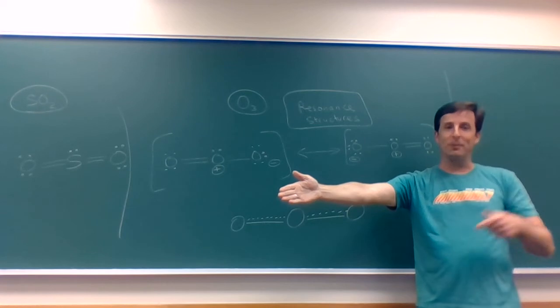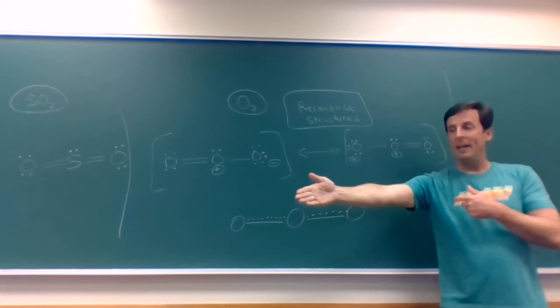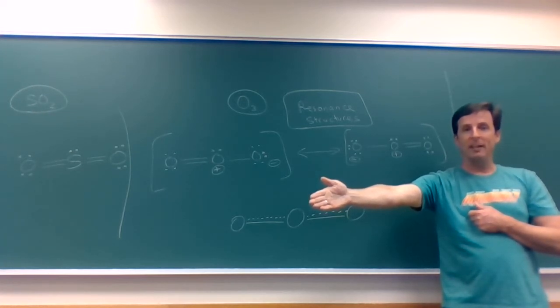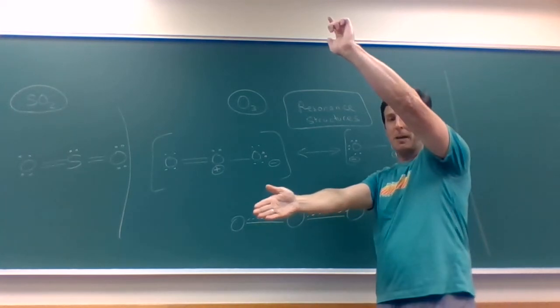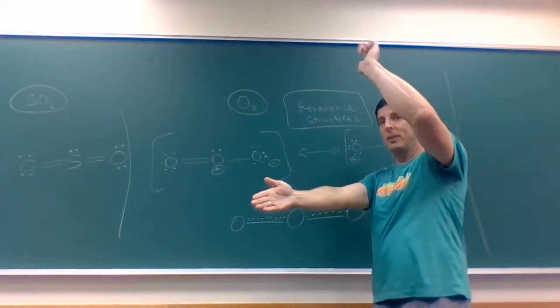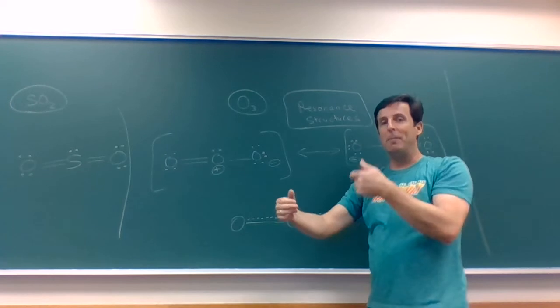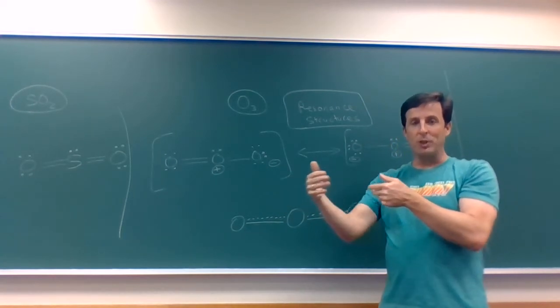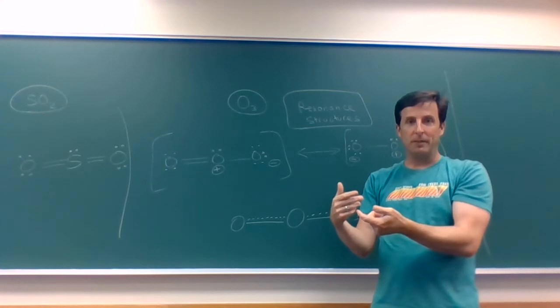This works better in class when I have other people here. But in a handshake, I can stay pretty far away from the other person. That's a single bond. If I want to make a double bond, it's like giving a handshake and a high five at the same time. Just to reach and give a high five, the 2 of us are going to have to come closer. Double bonds are always shorter than single bonds.